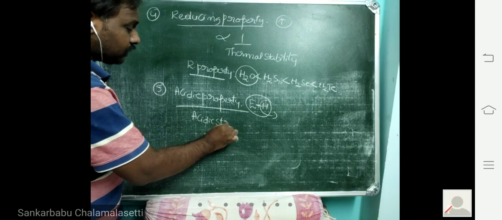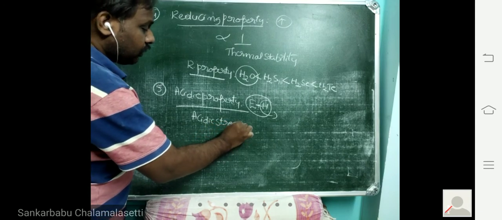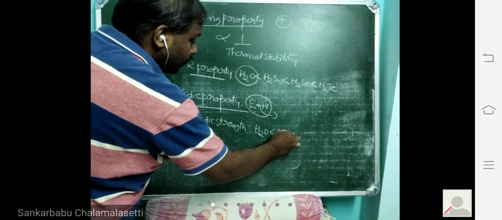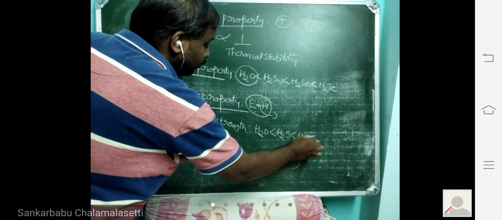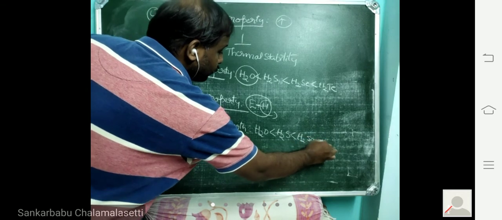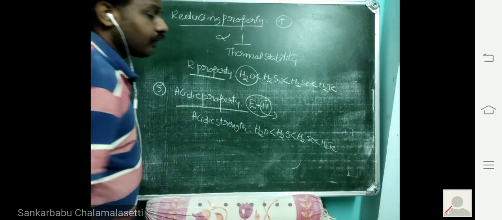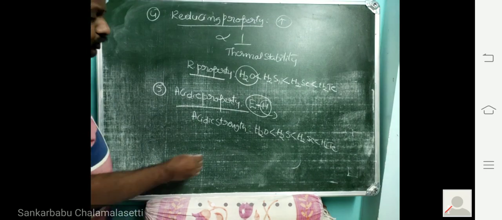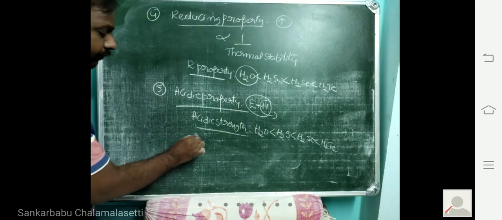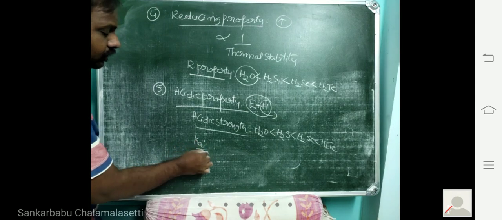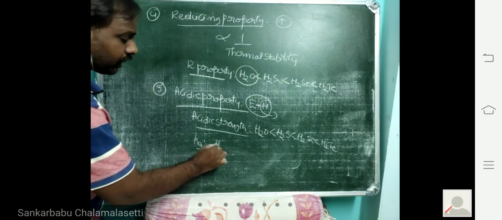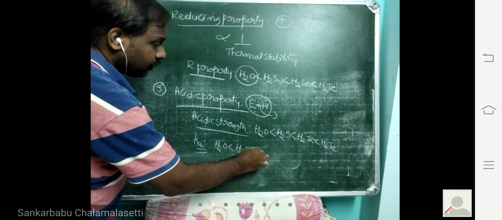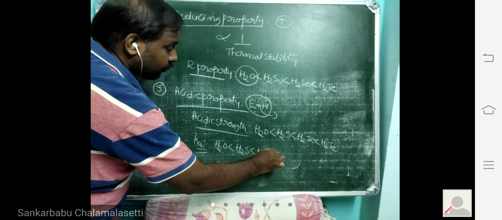So acidic strength increases: H2O, H2S, H2Se, H2Te. This acidic strength is measured in terms of the Ka value, the dissociation constant of the acid. So Ka value increases.